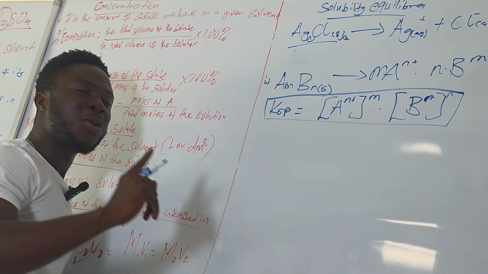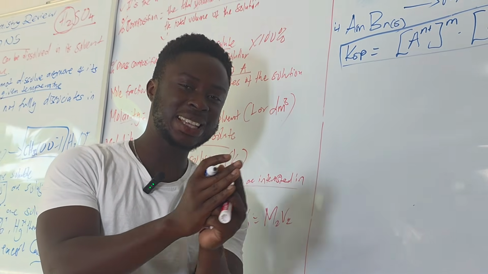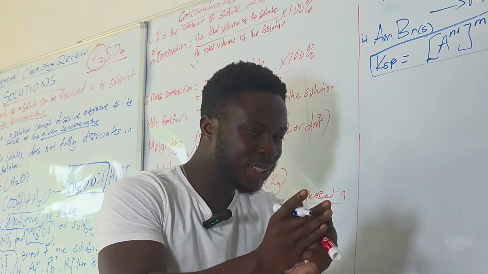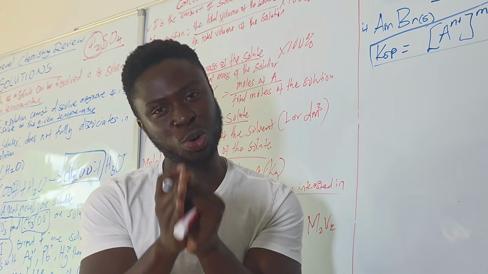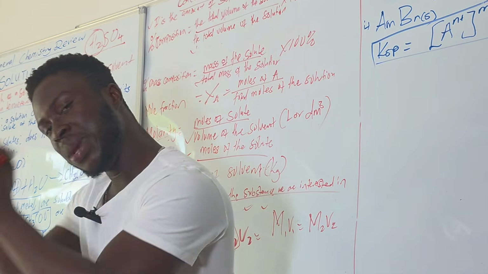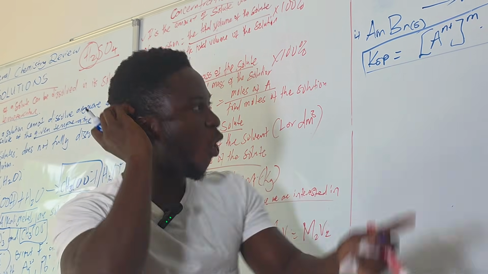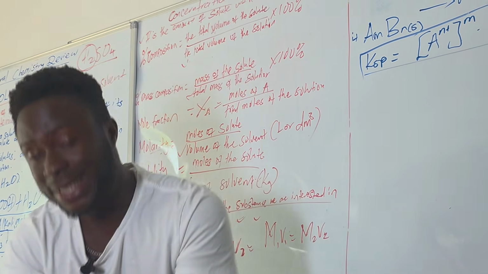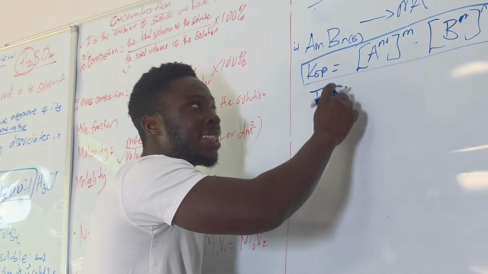After that, when we were doing the equilibrium constant, we said we had something that we call the equilibrium quotient. We used the equilibrium quotient to determine where we were in the reaction, whether we were close to completion or close to the equilibrium constant. Over here, its counterpart is called the ion product, IP.